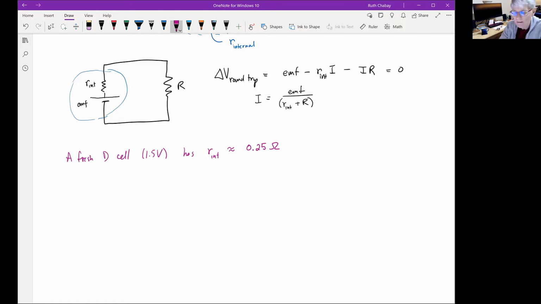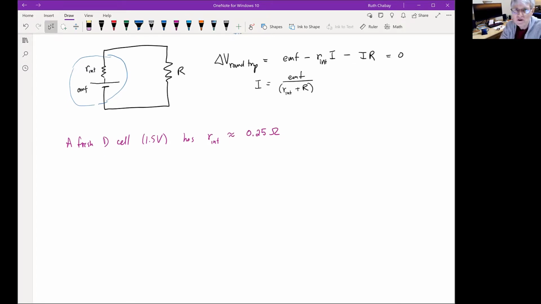So let's see what would happen if we connected different resistors to the battery. Let's actually make a table. We have what would happen with an ideal battery and a real battery.